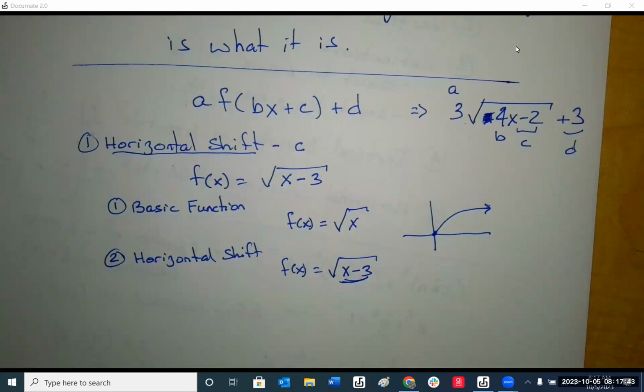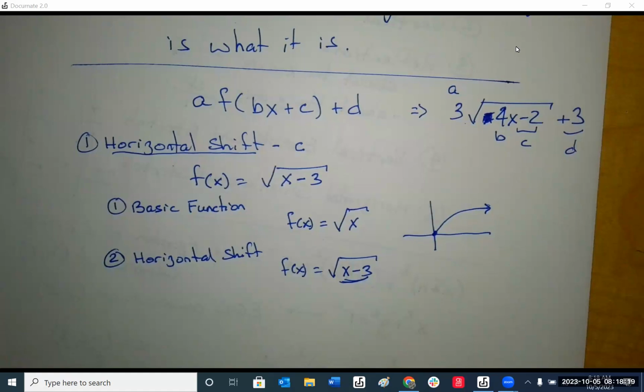It's inside the function. Which direction does it go? How many spaces? Anybody? Which direction does it go and how many spaces does it move? Look at your notes. Goes right 3 spaces. Very good.